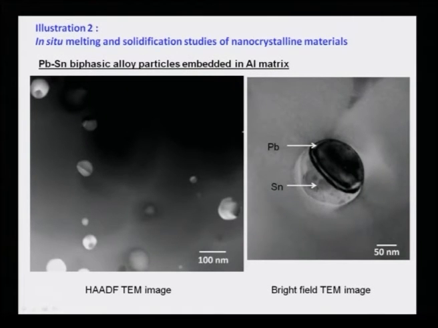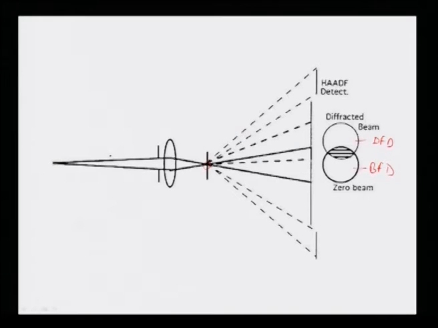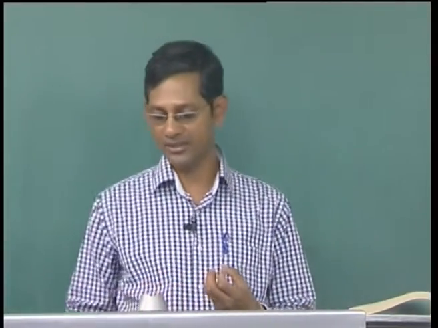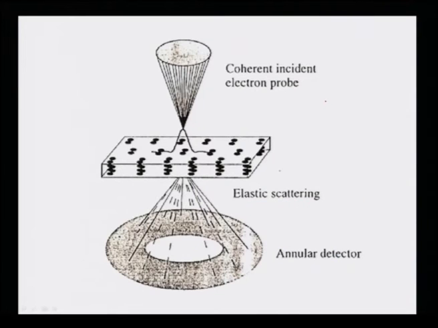Another important detector added into the STEM is known as HAADF, the high angle annular dark field detector. This was developed by Crewe et al. Suppose this is the specimen, and this is my convergent beam coming from the objective lens in STEM, and obviously electrons are undergoing diffraction.